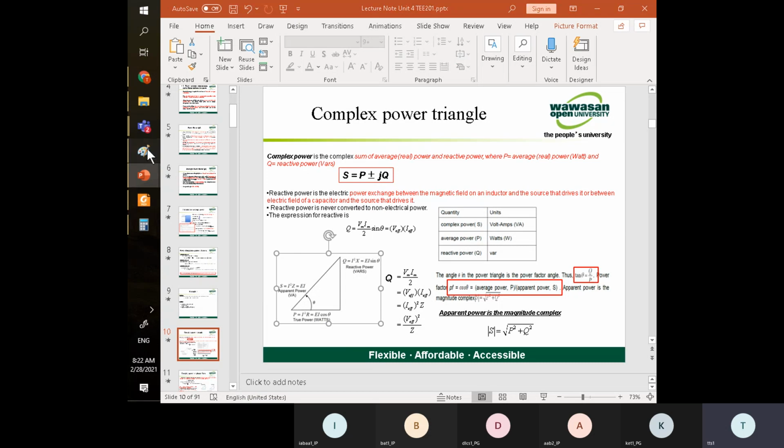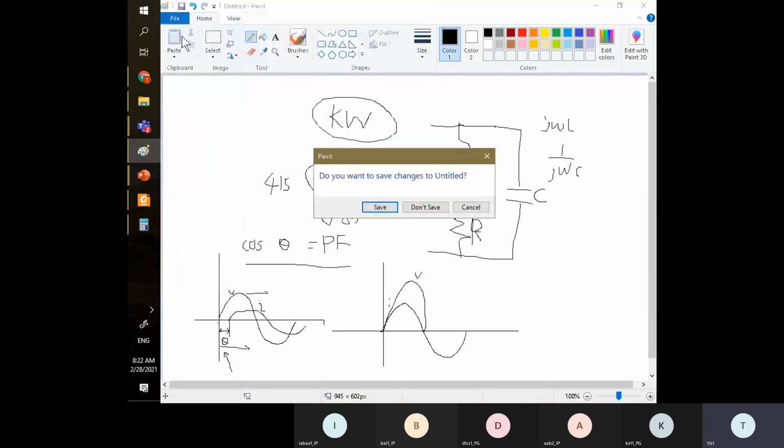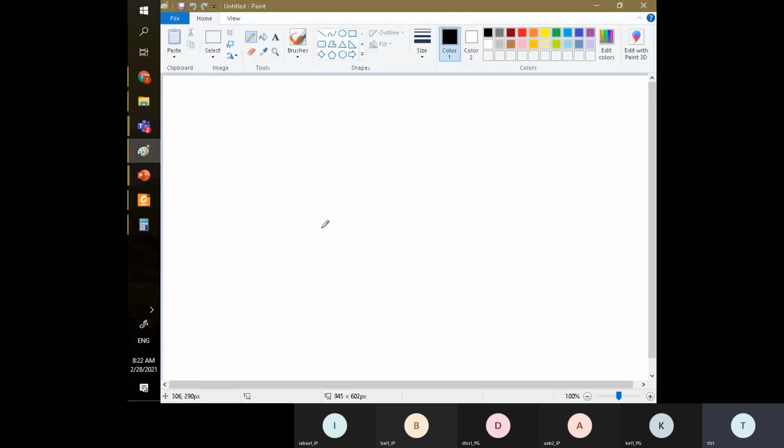So you can understand this by drawing the phasor. You can imagine something like this, on the x-axis, without any angle. Let me use a different color here. Let's say this line on the x-axis is called the P. It has a magnitude of P, at 0 degrees.